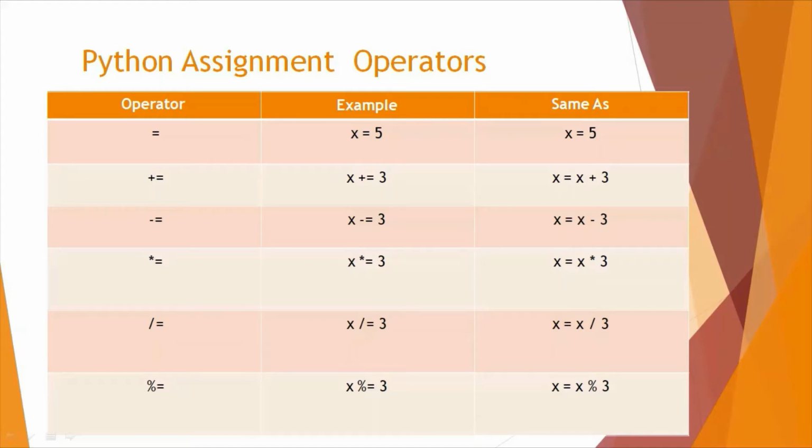Similarly, minus equals: x minus equals 3 is x equals x minus 3. Multiply equals: x multiply equals 3 is the same as x equals x multiplied by 3. Similarly for division, x equals x divided by 3, and for modulus, x equals x modulus 3. All of them are similar to each other.